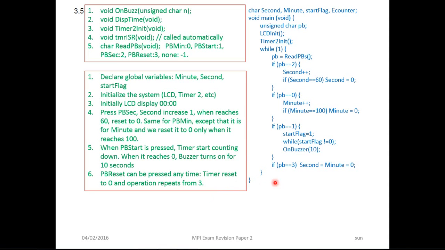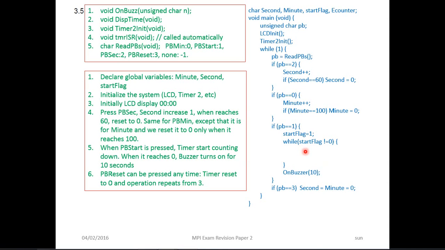While this program looks okay, the reset button will not work when the program is waiting for start flag to become 0. So we need to expand this part. In order for the reset button to work anytime, we need to check for the button while waiting for start flag to become 0.